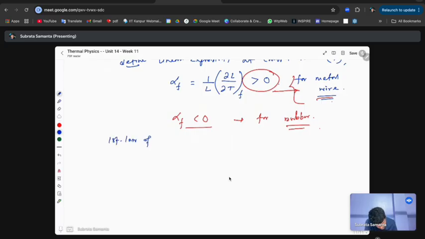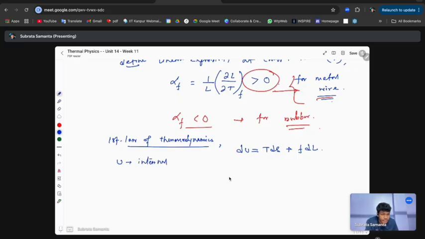It is dU equals TdS plus FdL, where U is the internal energy.